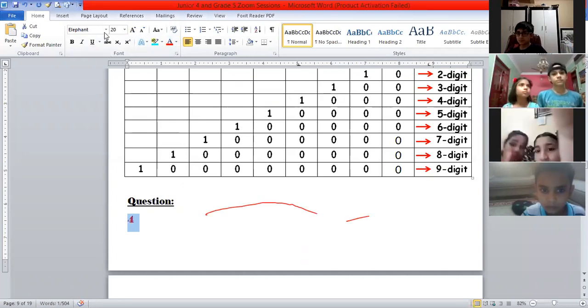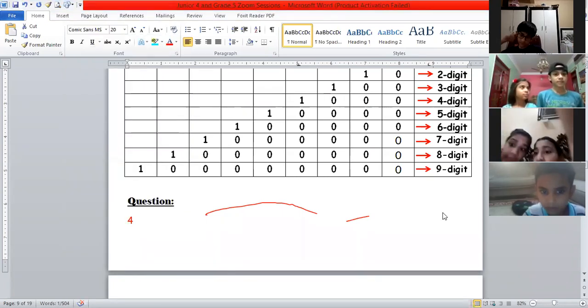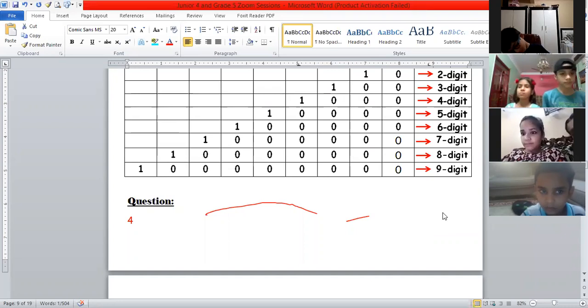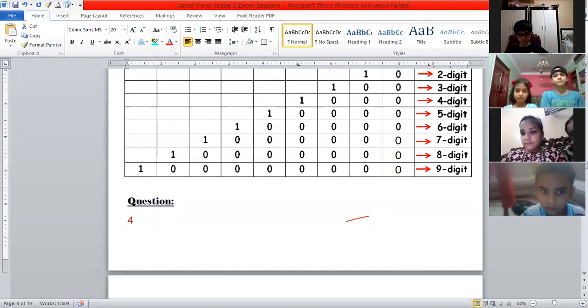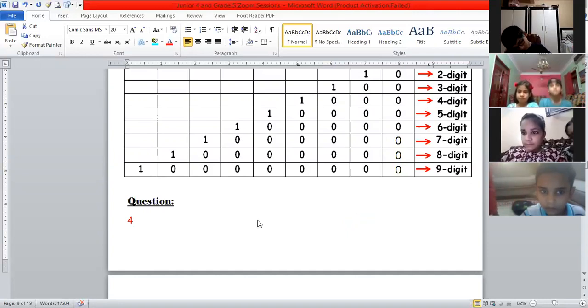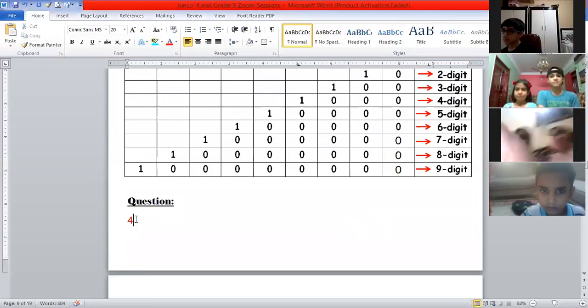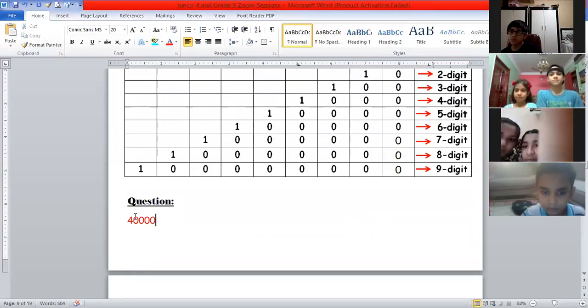Better don't use this pen. Maliha, I'm only giving you this pen option, but you will not write it, okay? Okay, now this is the number. This is the easiest number.